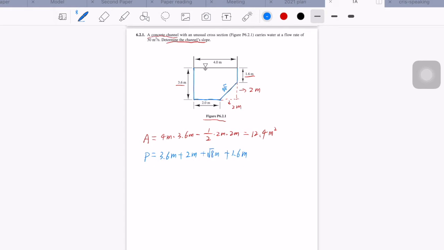So the value equals 10 meters. And then we know the hydraulic radius R_H equals A over P. So equals 12.4 over 10. So the value is 1.24.